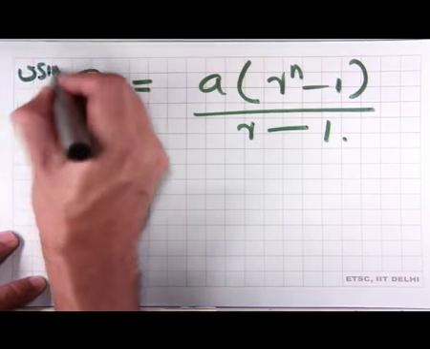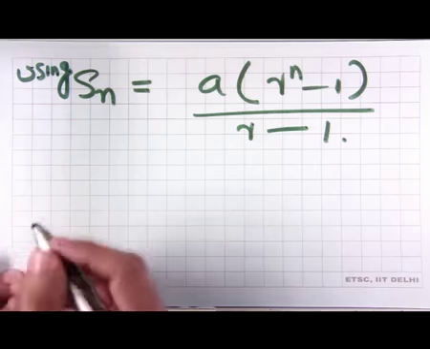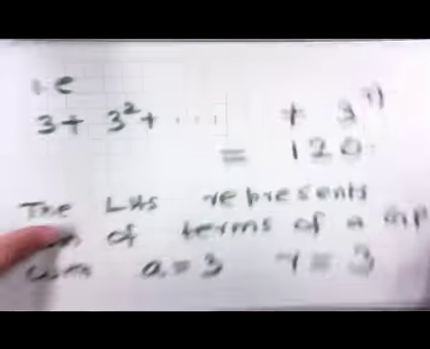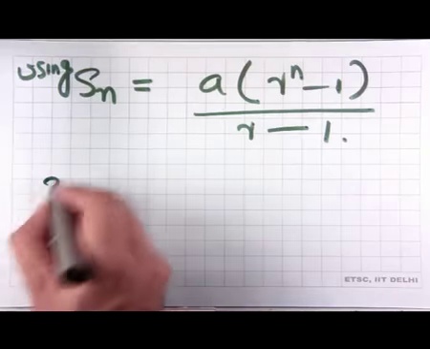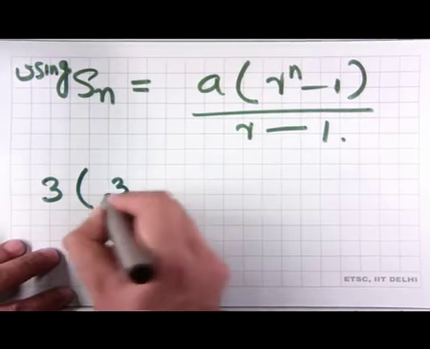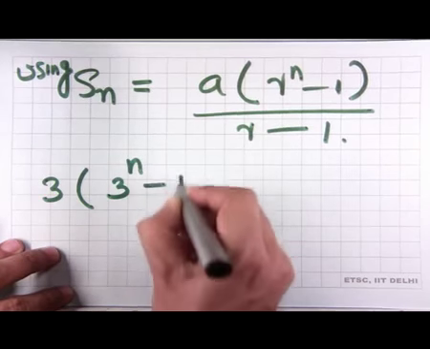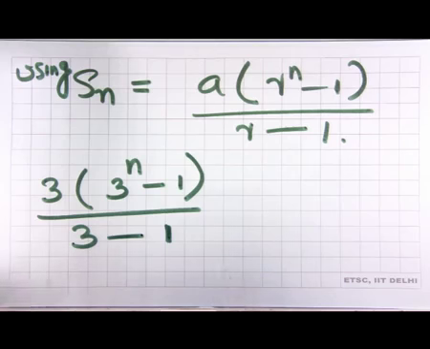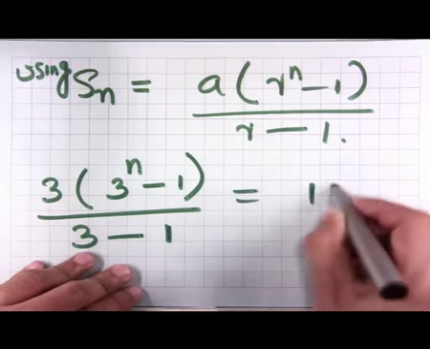Using this, we have the left hand side of the equation as 3 into 3 power n minus 1 by 3 minus 1. This is equal to 120.